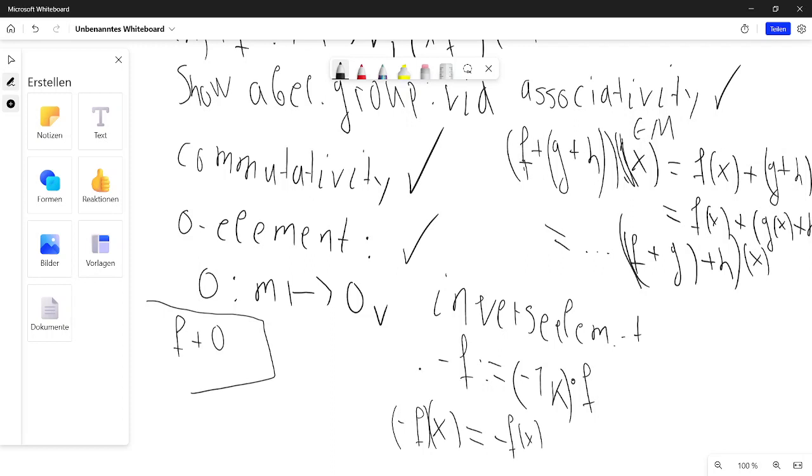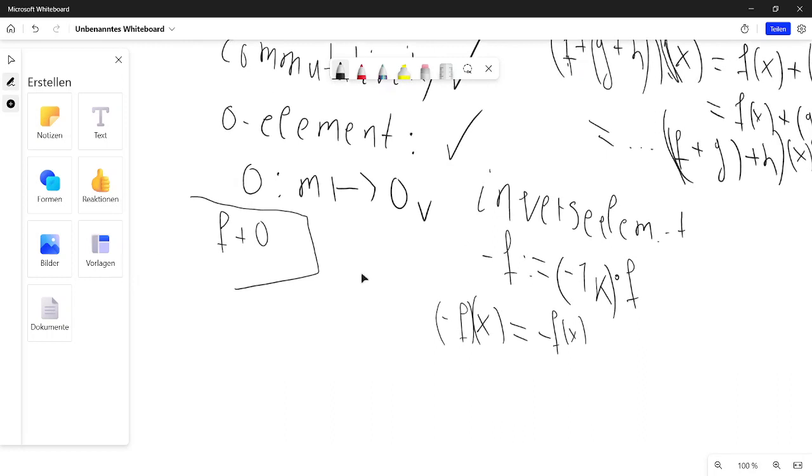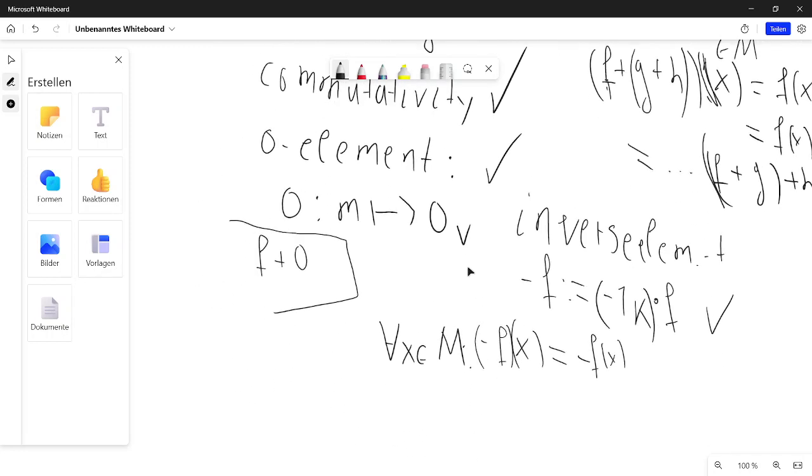So at each x, you take exactly the inverse vector to f of x. f of x is already defined, so you can take the inverse vector and assign it to each x. The inverse element is clear. And mind you, this is pointwise, for each x in M, or entry-wise, if you recall the identification of functions with vectors.